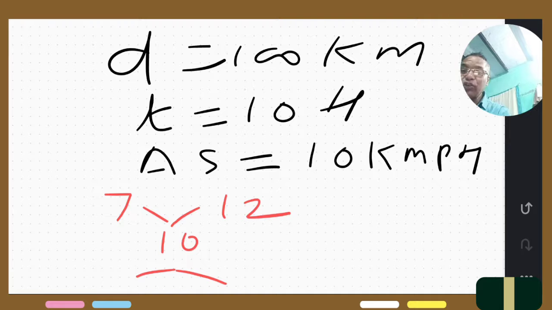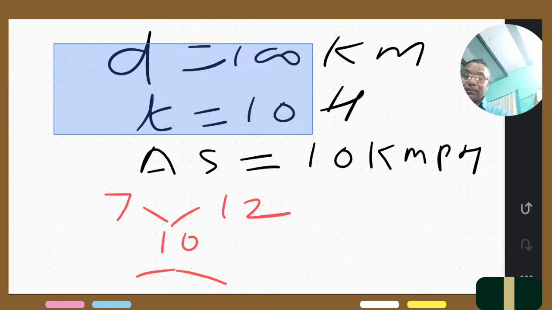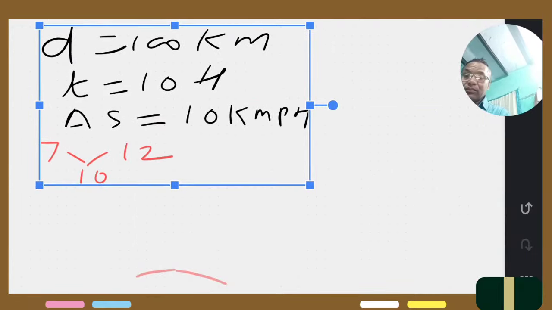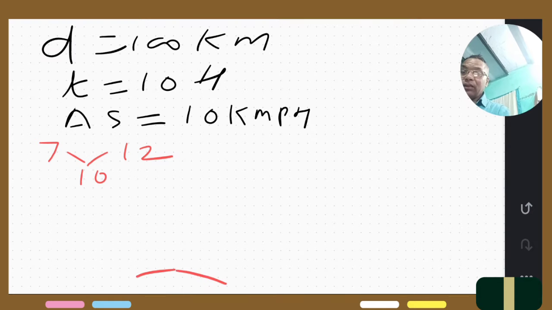The difference of 12 and 10 comes 2 units, and the difference of 10 and 7 comes 3 units.